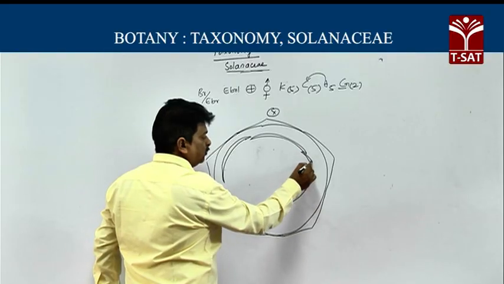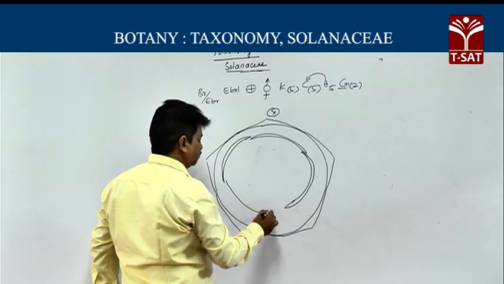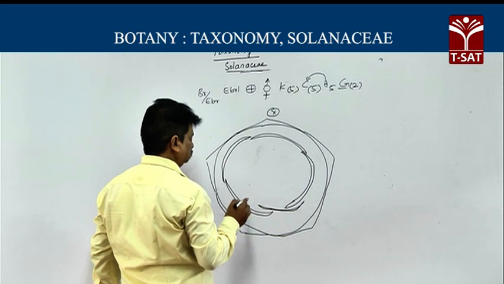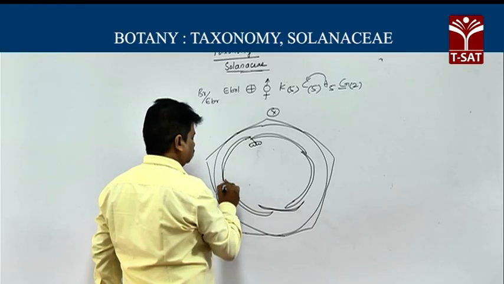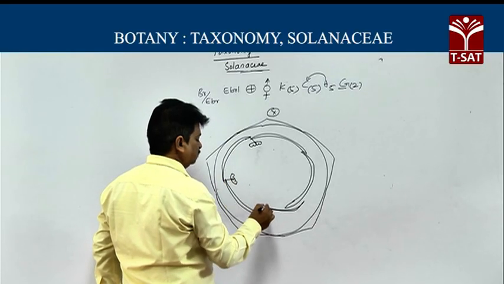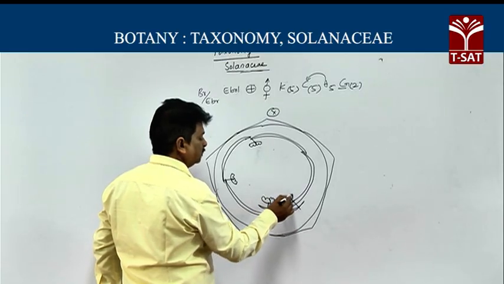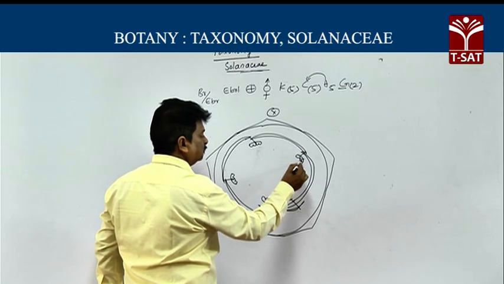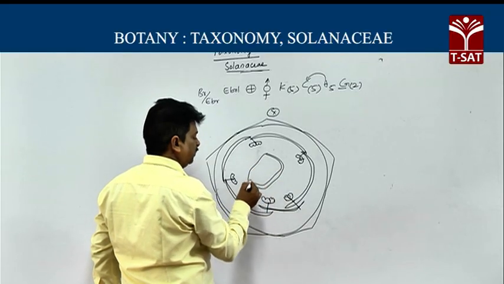Then petals, 5 petals, twisted aestivation, in Datura particularly. Then stamens 5, free, but these 5 free stamens alternate with petals. The next one, gynoecium.